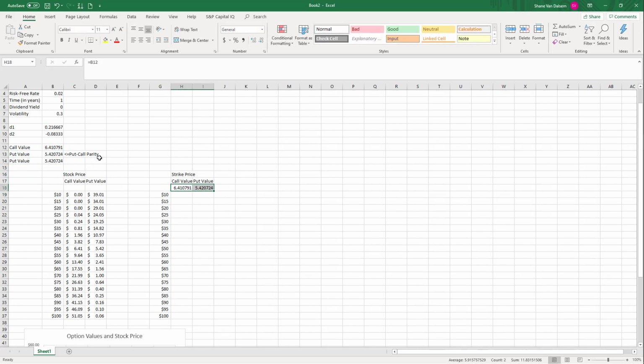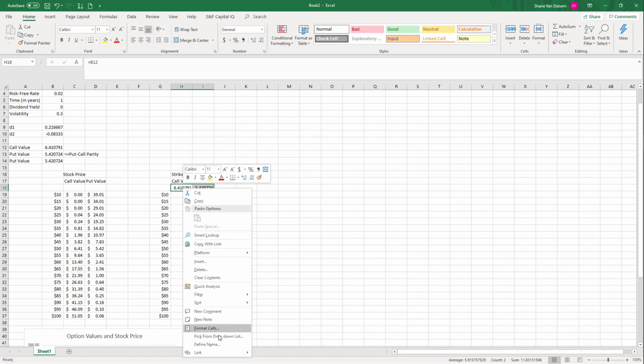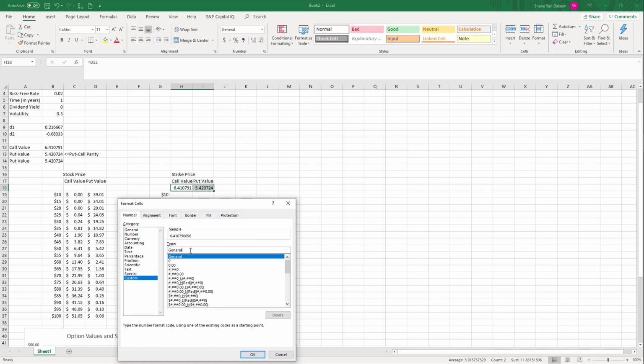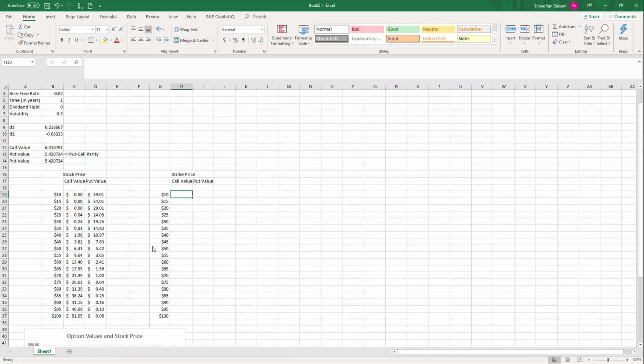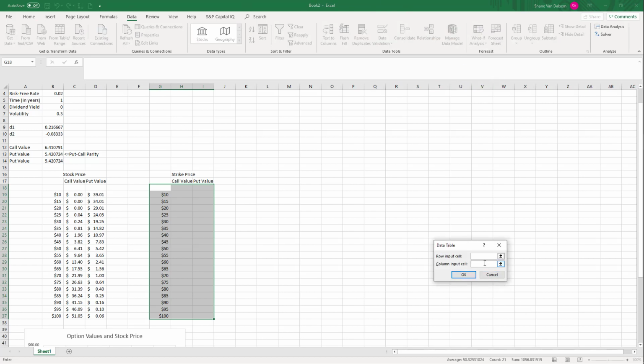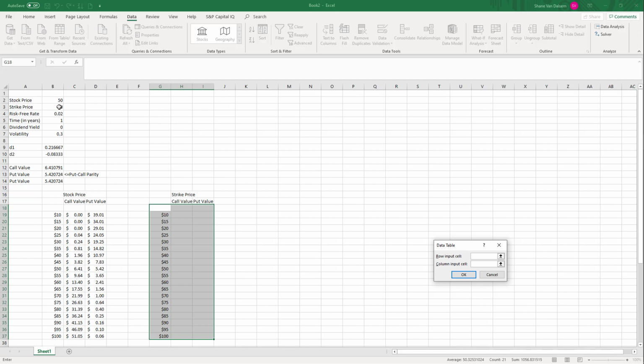I'll format these to make them disappear. I just put 2 semicolons in for that. Highlight it all, or just the numbers. I don't highlight the labels here. Go to Data, What If Analysis, Data Table. My column input cell in this case is going to be the strike price.